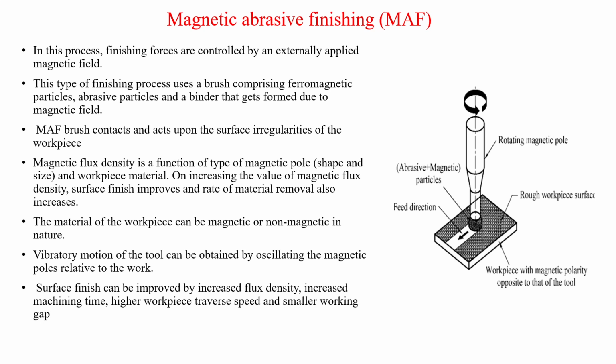The material of the workpiece can be anything, magnetic or non-magnetic, that is not a problem. The tool has a vibration motion, which is controlled by the magnetic poles. The surface finish can be improved by increasing the flux density, increasing machining time, higher workpiece speed, and a smaller working gap. This is the basic use of a magnetic field for the finishing process.